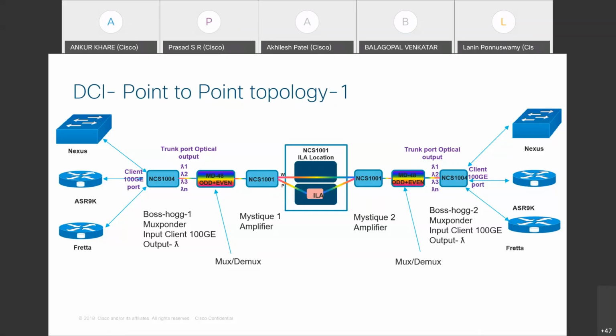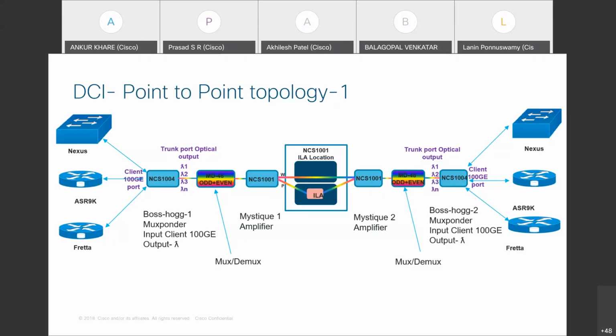Whatever spectrum we have, we have to divide, and there is a spacing between the wavelengths. If you are using 40 wavelengths, you will have 50 gigahertz spacing. If you are using 100 gigahertz spacing, there is more space between the two wavelengths, so you can use fewer wavelengths. Based on the spacing, you can use that number of channels within the DWDM network.